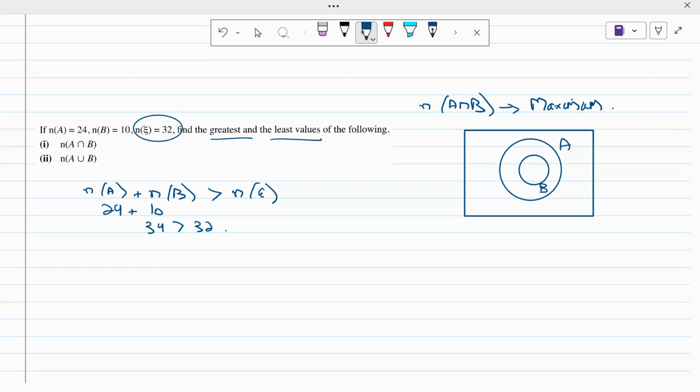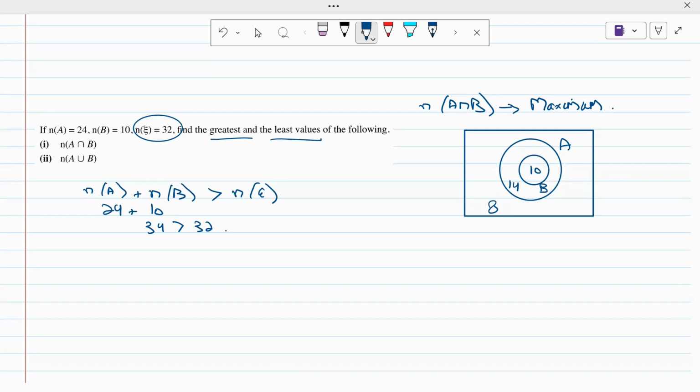Common elements for the two would eventually be the 10 elements of B. A is having 24. That means out of A, there would be the remainder of 14 more. And then the total is 32. So 32 minus these 24, it would be 8. So 8 would be there outside.